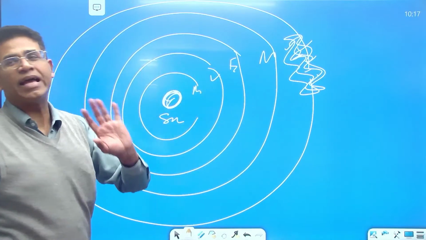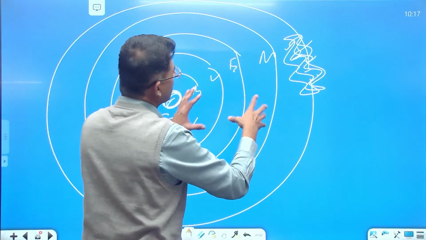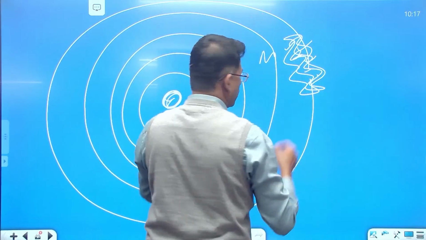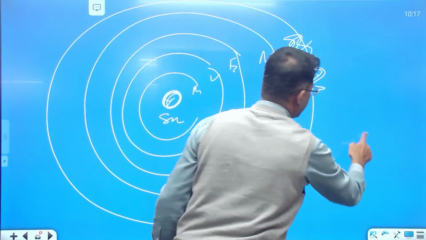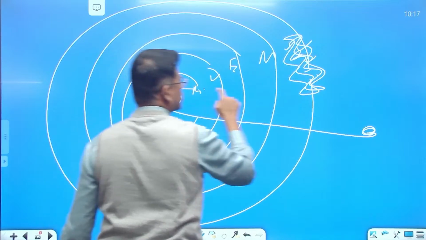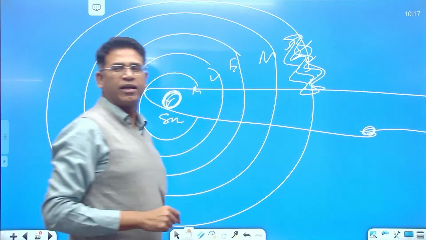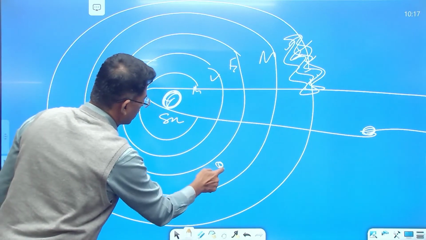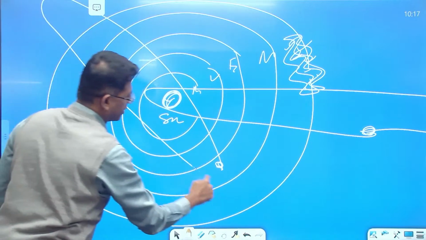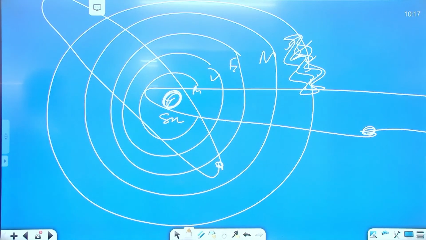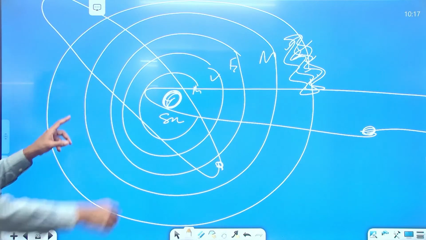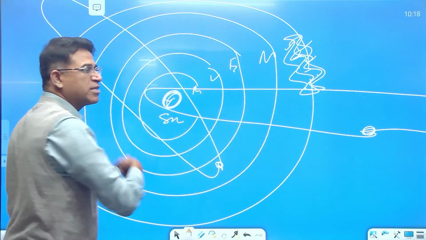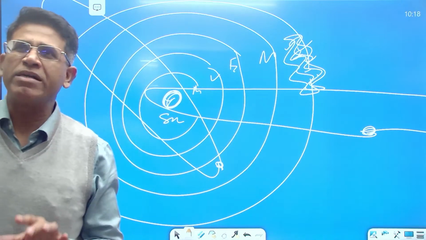Comets का ये path नहीं है. Comets are never part of a group like this. वो अलग-अलग comets होंगे. One comet comes like this and goes very far away. एक और comet यहाँ पर होगा that comes like this and goes away like this. Comets का जो path है वो बहुत अलग है. It's not part of the regular solar system planets revolving. Comets are not planets.